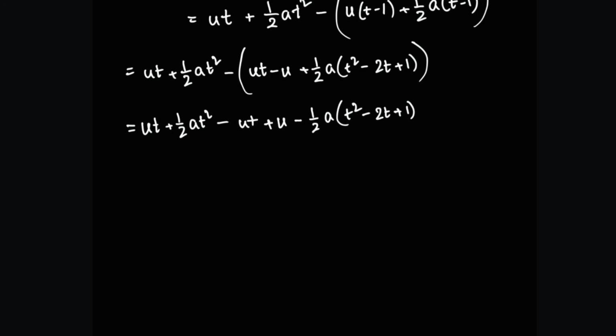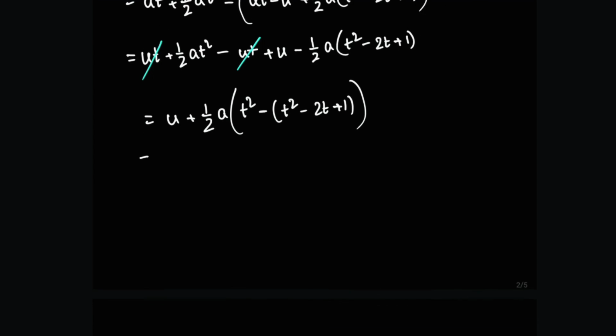All right, so as you can see over here, the ut's cancel themselves off. So you're left with u, and if you put in half a as a common expression, you get half times a times t squared minus the expression inside.